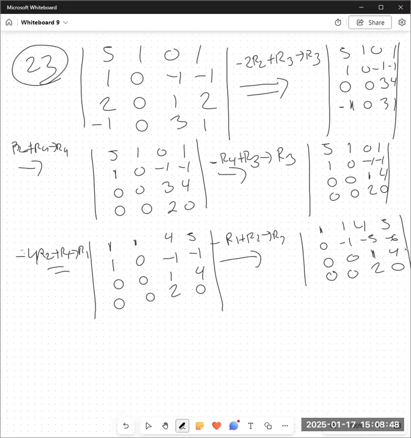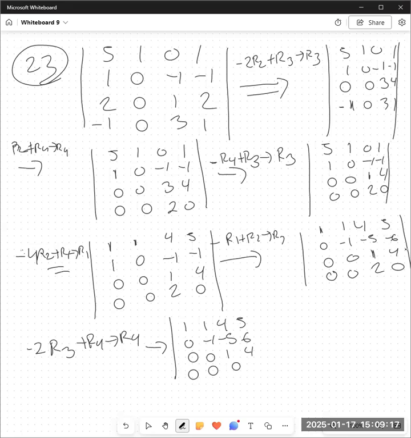Let's get a 0 here by -2 row 3 plus row 4 gives me a new row 4, and that is 1, 1, 4, 5, 0, negative 1, negative 5, 6, 0, 0, 1, 4, 0, 0, 0.